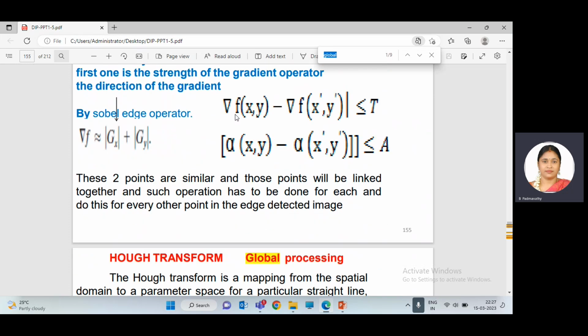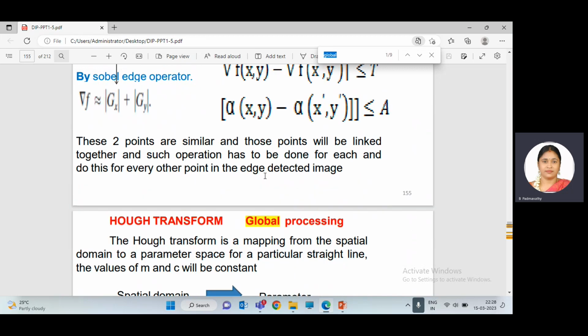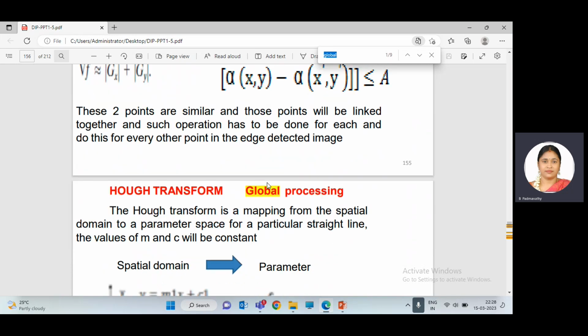For example, if you calculate the magnitude of f(x, y) minus f(x dash, y dash), that is the difference of both points, and it is less than or equal to the threshold, then you can link at that point. And if it is less than or equal to the operator value, then you can go to the other thing. That means either you can take an image or you can take a background.